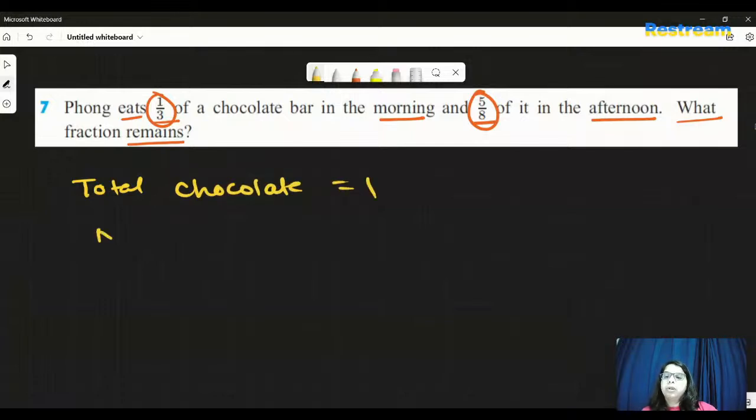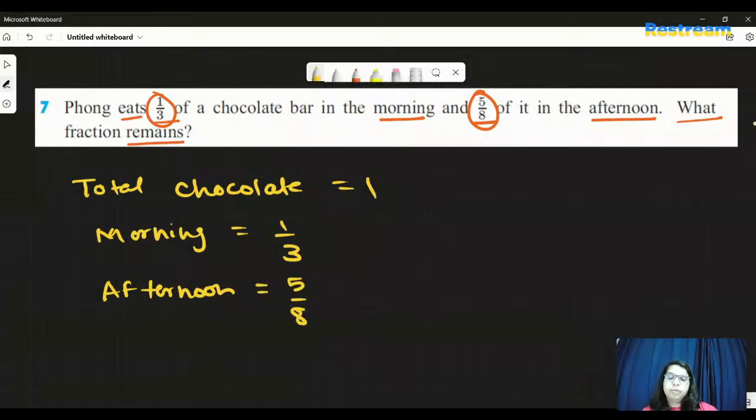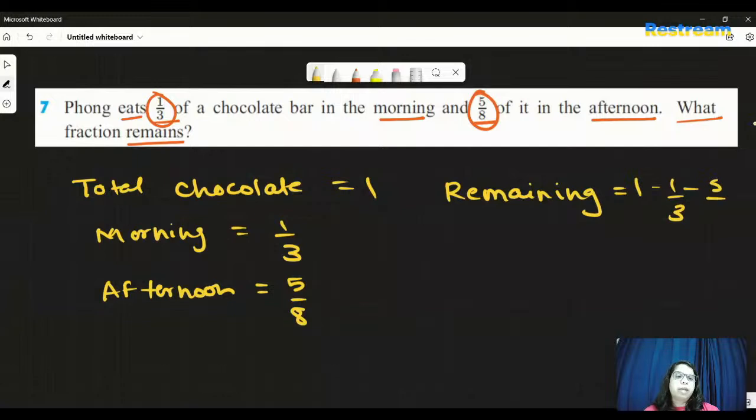Then in the morning he ate 1/3. In the afternoon he ate 5/8. Okay, so the remaining chocolate is equal to 1 minus 1/3 minus 5/8.